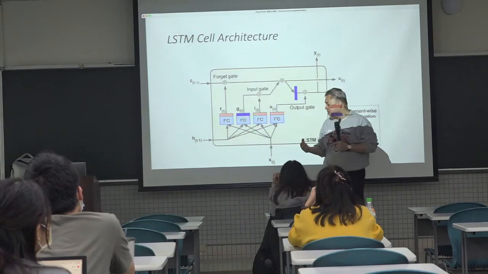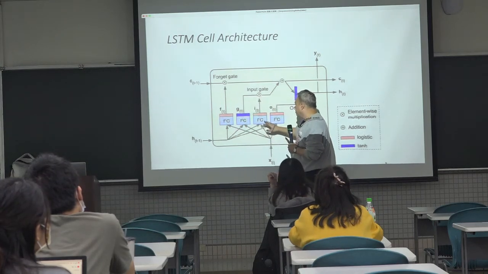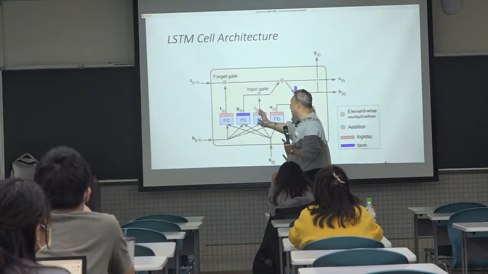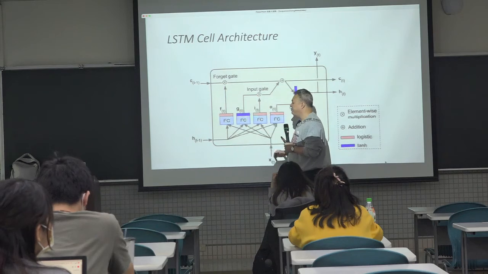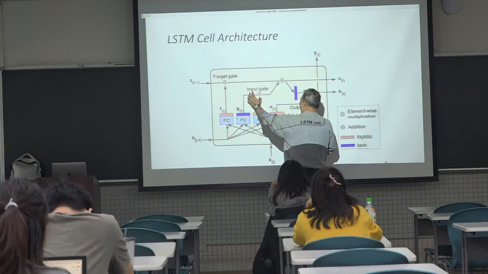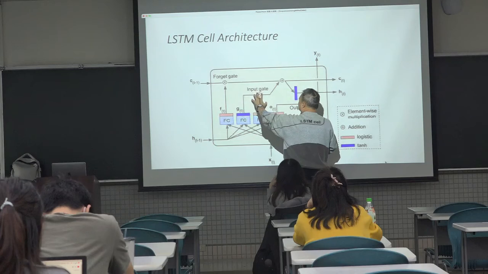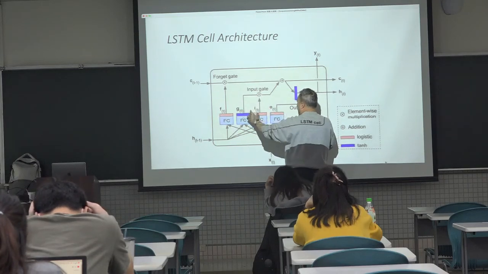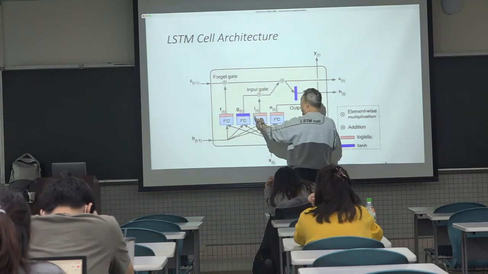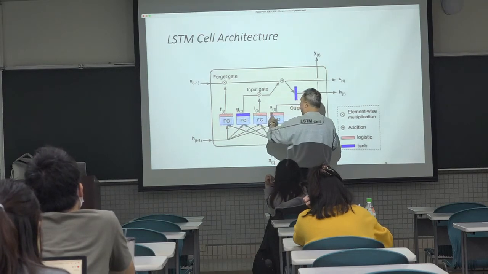And then when it goes here, we use this input gate. Again, we try to determine what information should be kept long term by multiplying this output with this, because this is a sigmoid. Remember, all these sigmoids will output a value between 0 and 1.